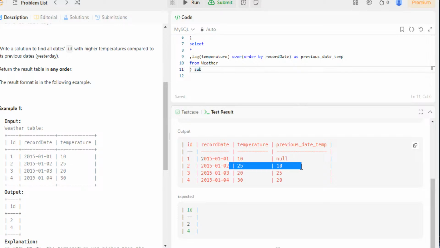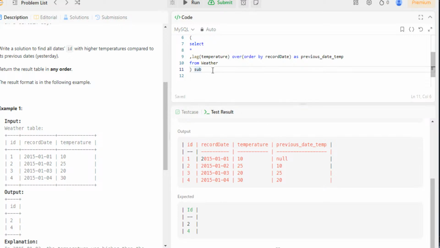But I come here and I want the previous day's temperature. Because our goal is to identify 2 and 4, because their previous day is lower than the current day. So here we are. 25 is greater than 10. 30 is greater than 20.